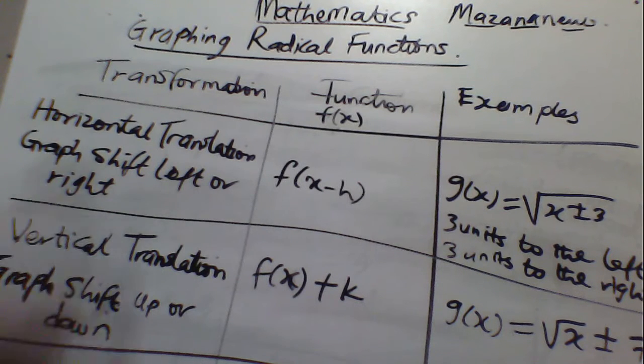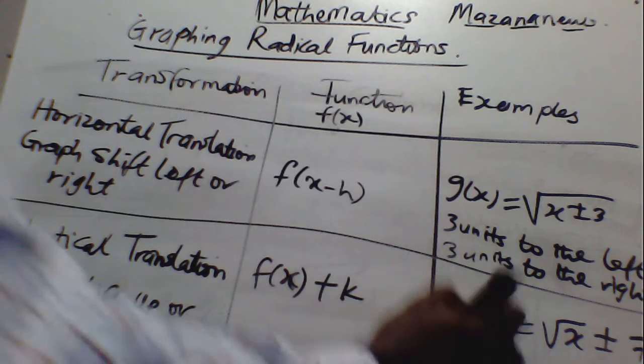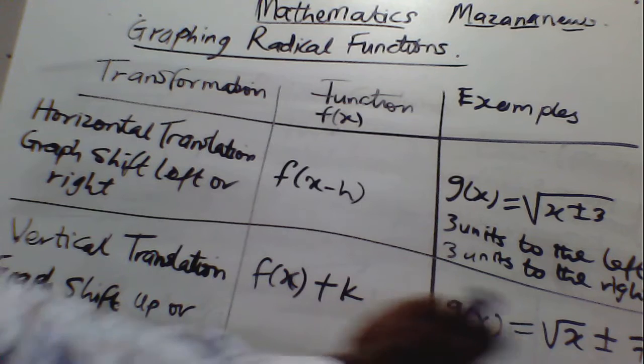It moves up or down, while the horizontal translation moves left or right. For translation, not for stretch or shrink, the position changes.